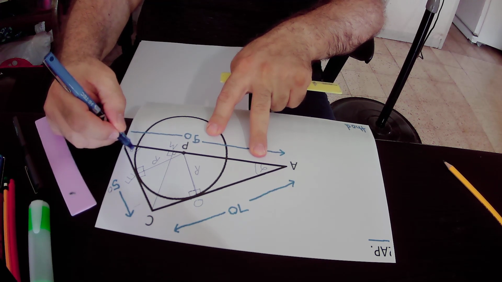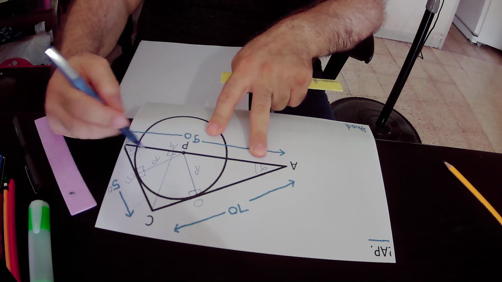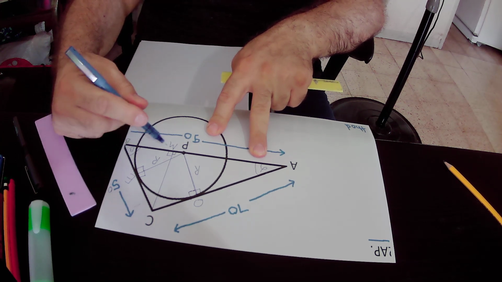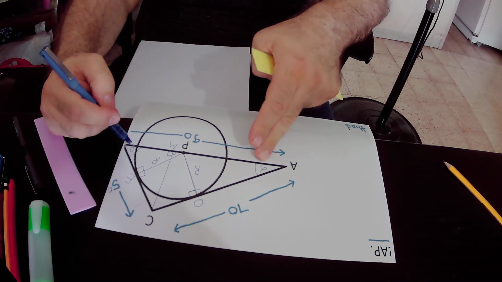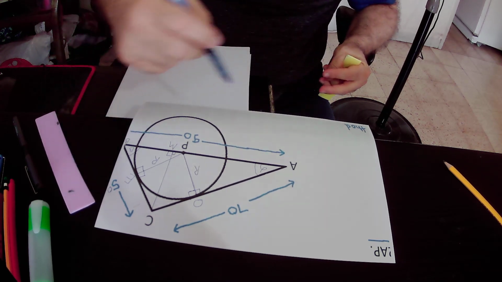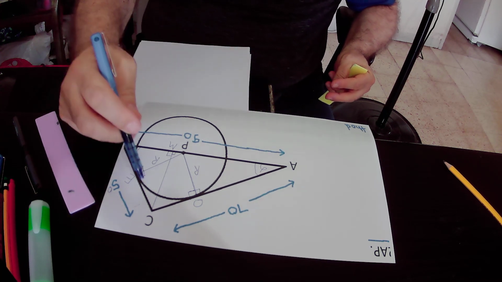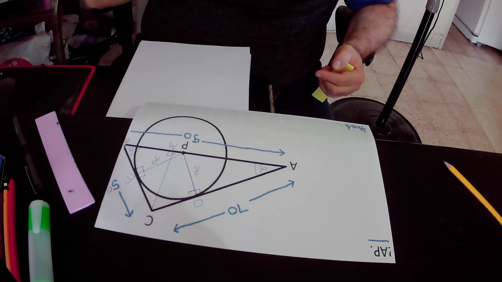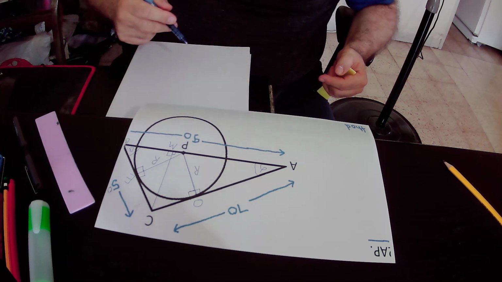Angle MBC, or angle ABC, it is the same angle, will be called beta. And angle BAC is called alpha.